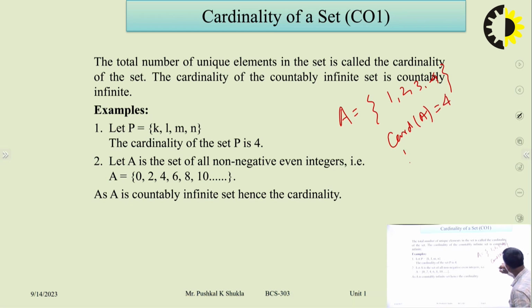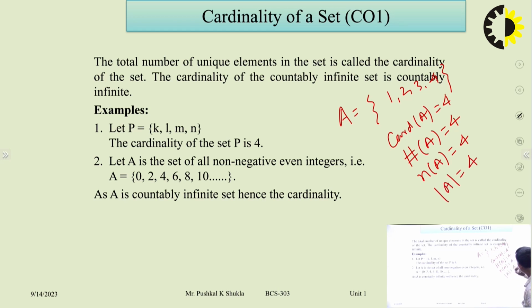In some cases it is written as n(A) equals 4, or another way, |A| equals 4. In any way we can write. So the number of unique elements in a set is known as the cardinality of the set.